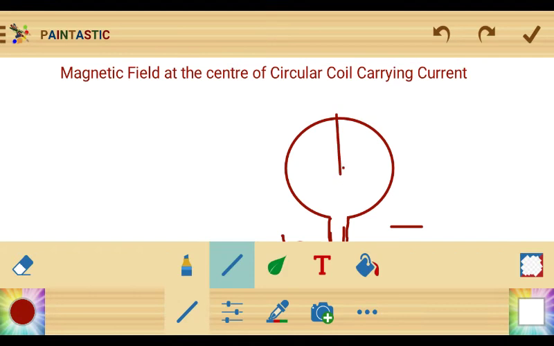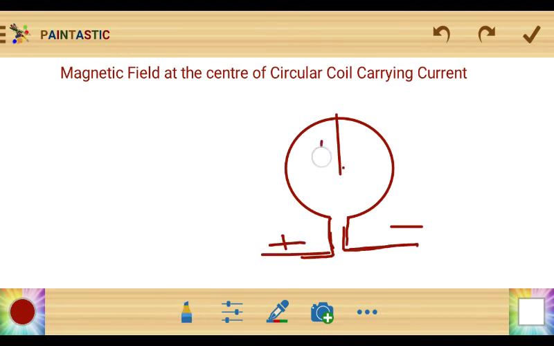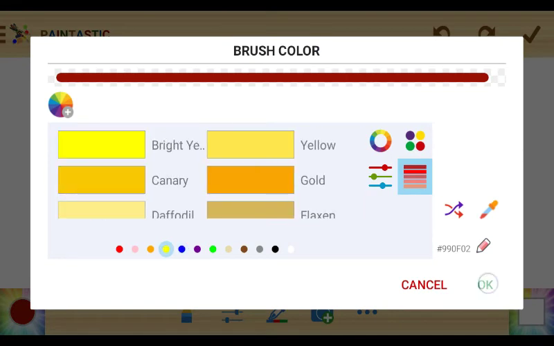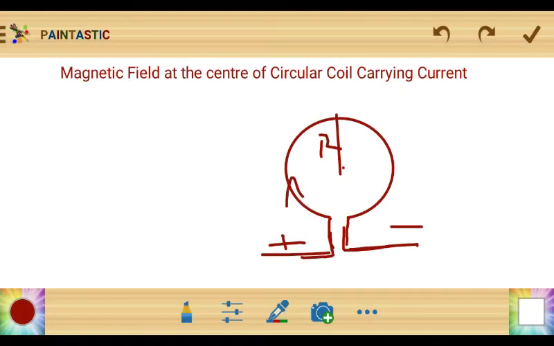So this is the center radius. Okay, let's say the radius of the circular loop is r, and let's say the current is flowing in the anti-clockwise direction. Now to find out the magnetic field at the center of the circular coil carrying current.